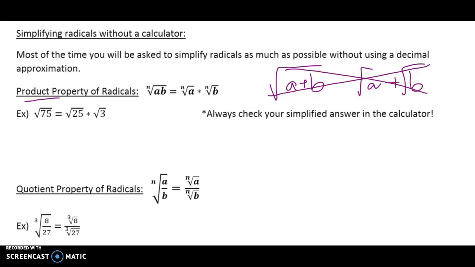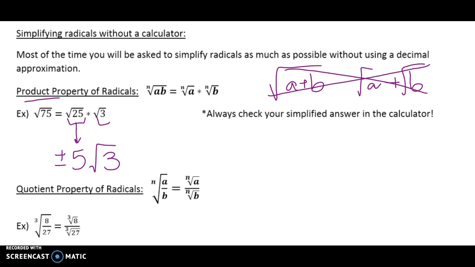So we took 75, and we can break it into things that we know will work out. We know 25 times 3 is going to give us 75. But 25 is a square, right? It's one we recognize. Now, is it just 5 square root of 3? No. Positive, negative, and then you have your square root of 3.